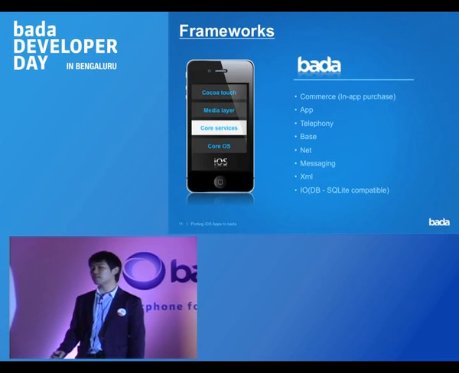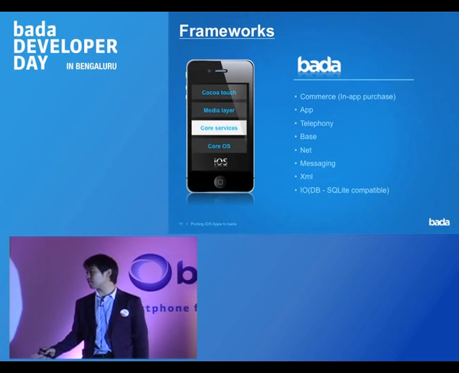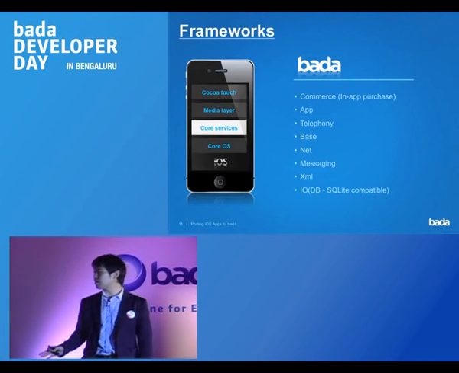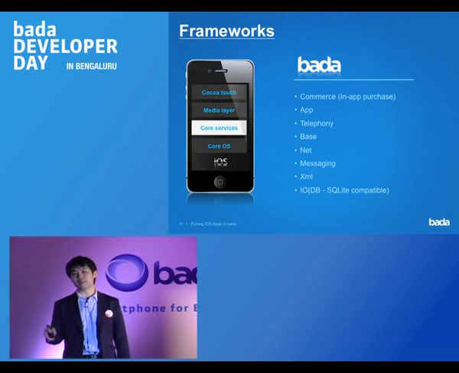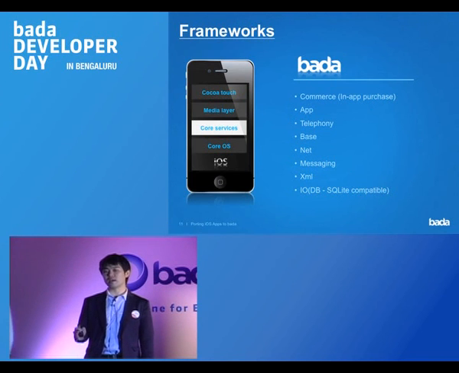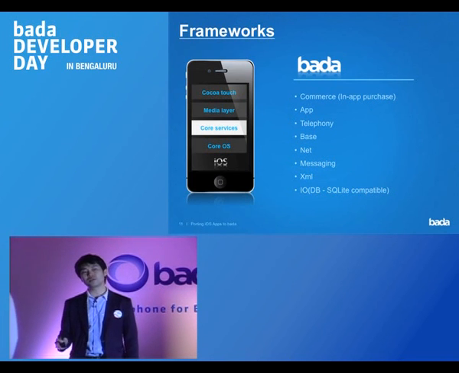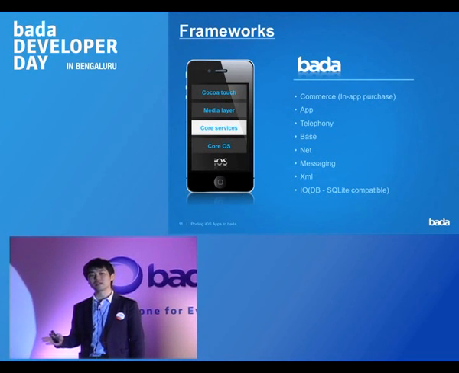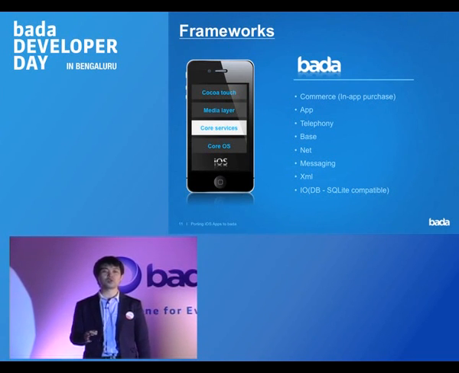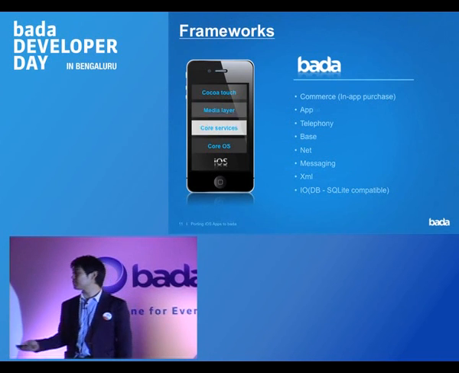And the network, the messaging service, XML, and I/O. Especially the DB: bada DB is also SQLite compatible. So there is not much to study coming into bada if you have experience in iOS development.